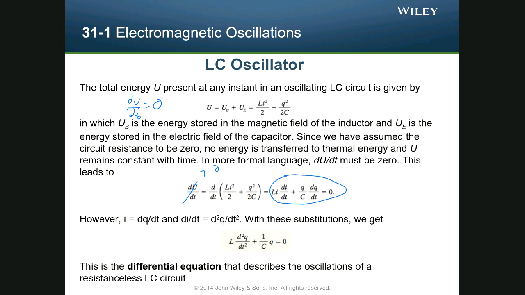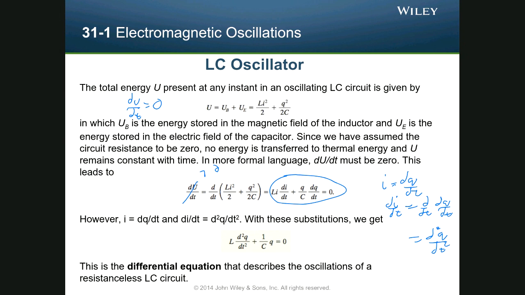Now, recognizing that I is equal to dq/dt, we know this from definition, we can write dI/dt as equal to d/dt of dq/dt, and that's going to equal the second derivative of q with respect to t.